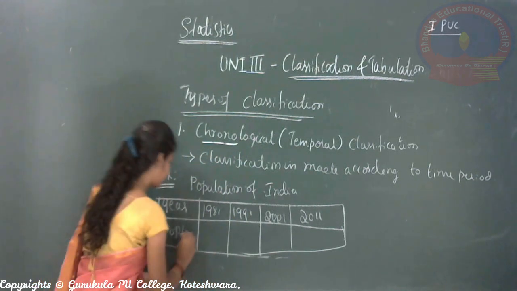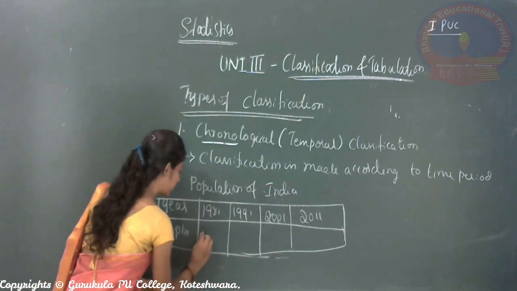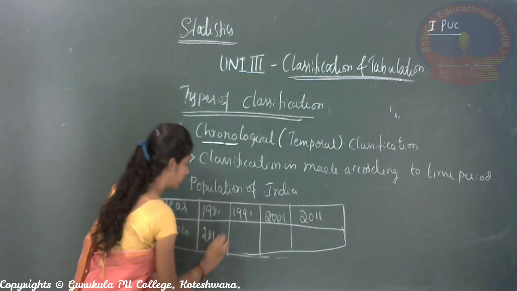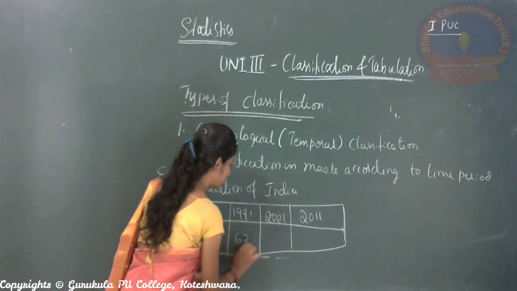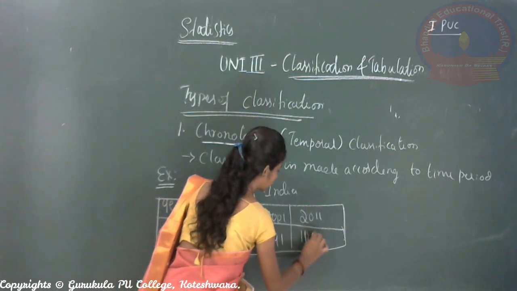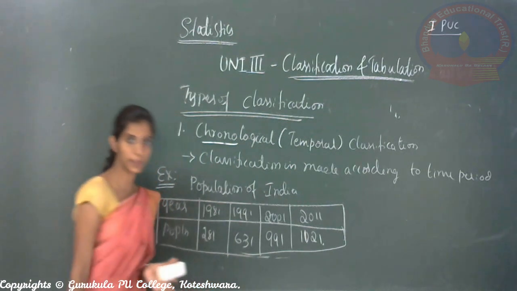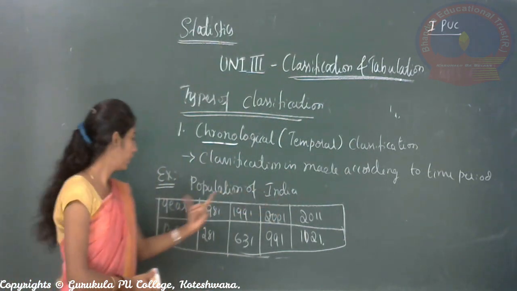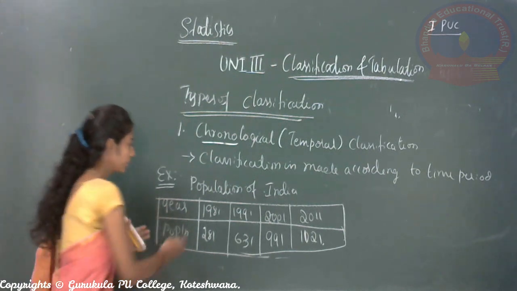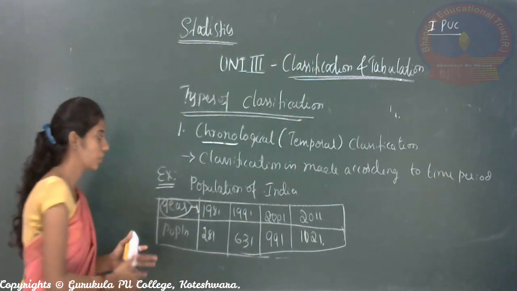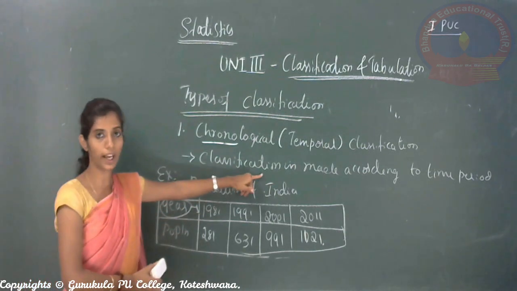The population may be in millions, then here 281, 631, then 991, then maybe 1021. For example, this is the population of India, which I have mentioned year wise. So this is according to time period.